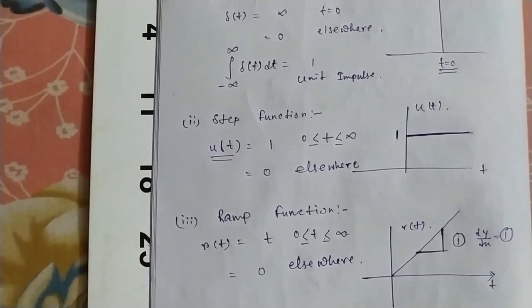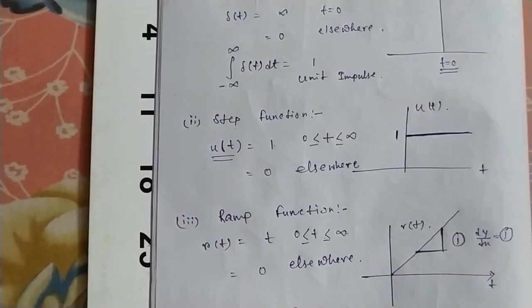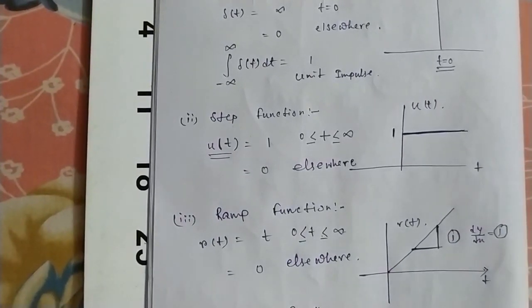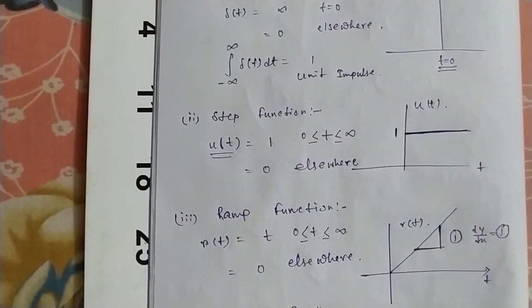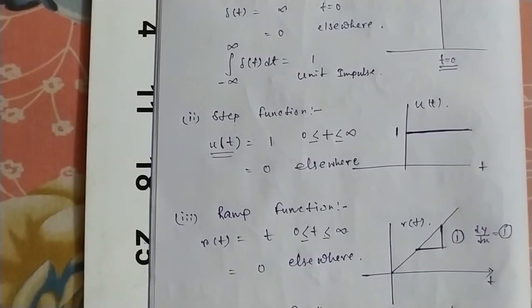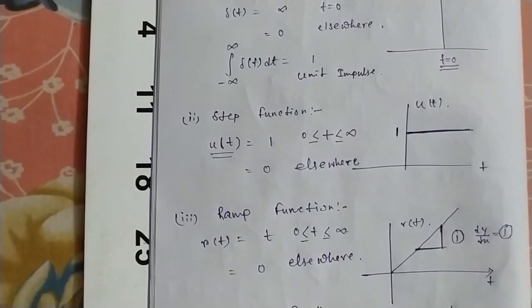Okay, then the fourth function, that is my parabolic function. Parabolic function is a non-linear function. This is my t, this is p of t, which is denoted by parabolic function. P of t is equal to t square by 2 when t is from 0 to infinity, and it is 0 elsewhere.